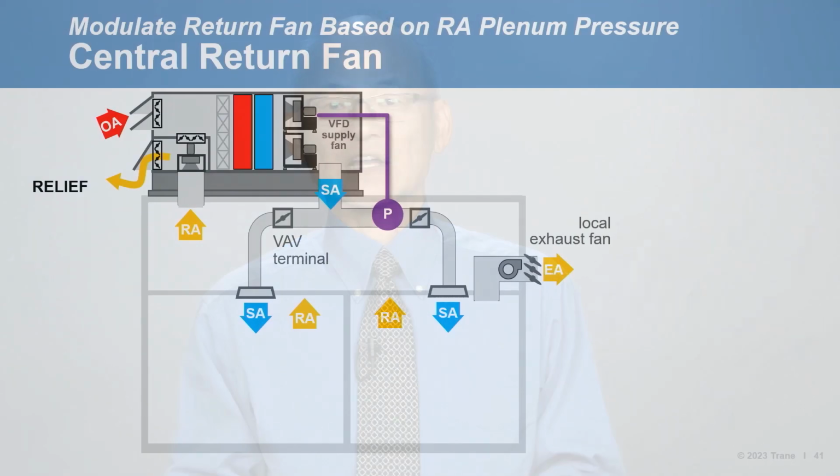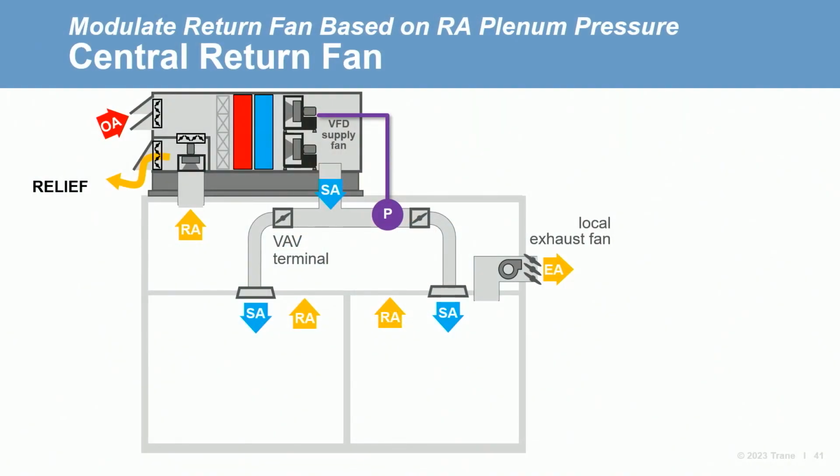A better way to control this return fan is, again, to measure building pressure directly. With this control method, the position of the relief damper is modulated to maintain measured building pressure at the desired set point. Then the return fan speed is modulated to maintain static pressure set point in the return air path downstream of this return fan.